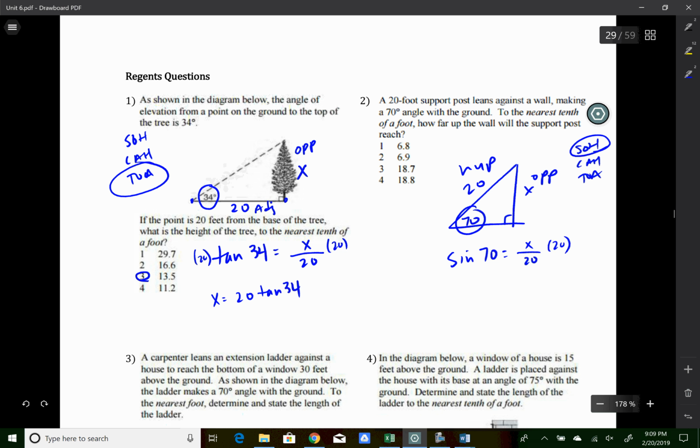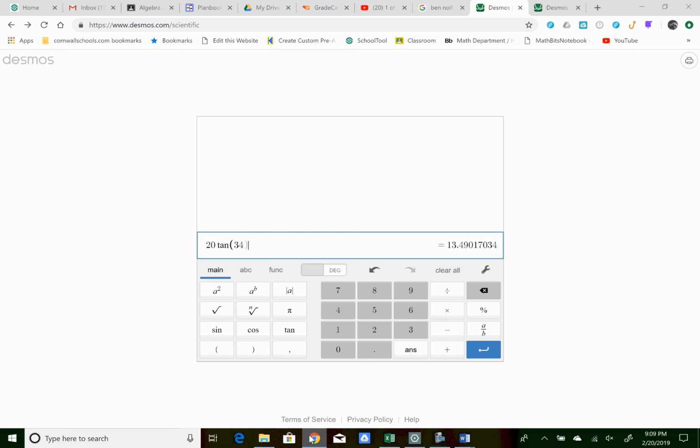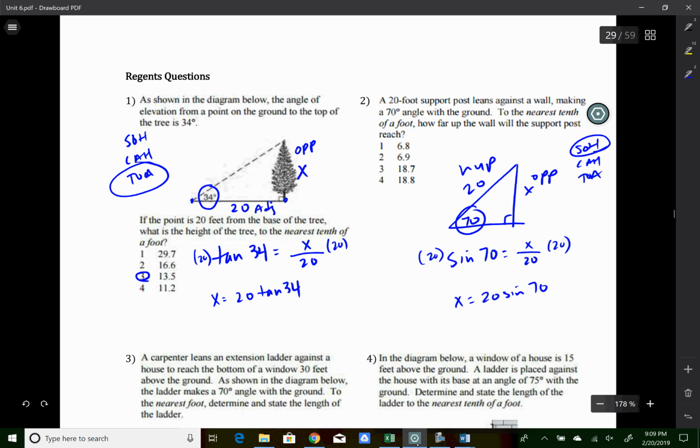Multiply both sides by 20, and I have X is equal to 20 sine of 70. Go to our calculator: 20 sine 70 is about 18.8. Round correctly.